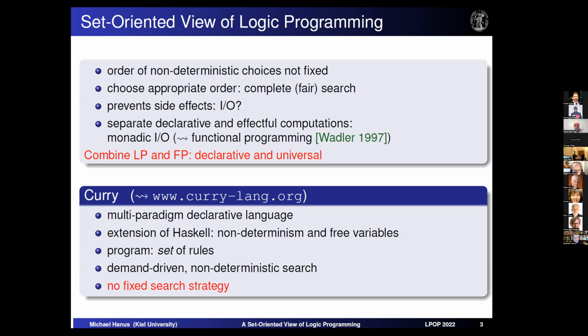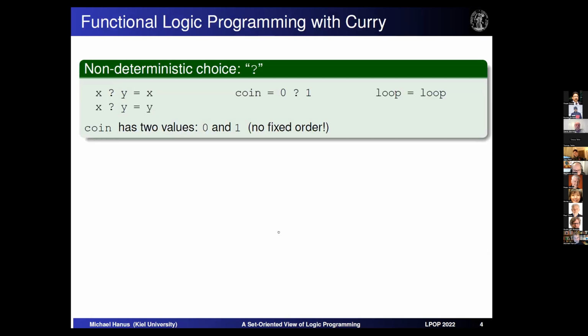So that we can also apply different search strategies, and the operational semantics is based on lazy evaluation. And this has also some influence on the search, because then we have also something like a demand-driven search strategy, which is a different issue. But the important point is that the search strategy is not fixed.